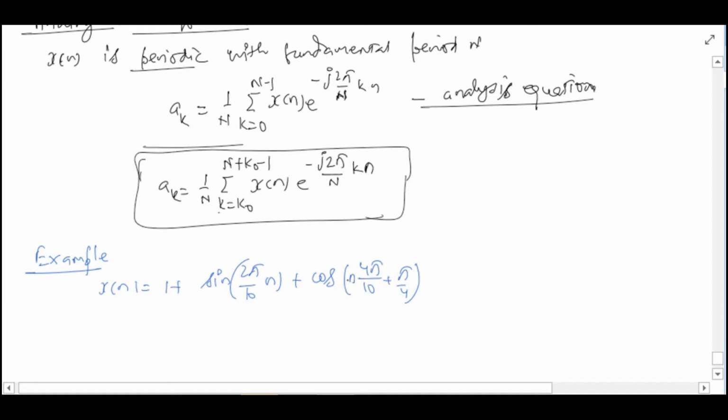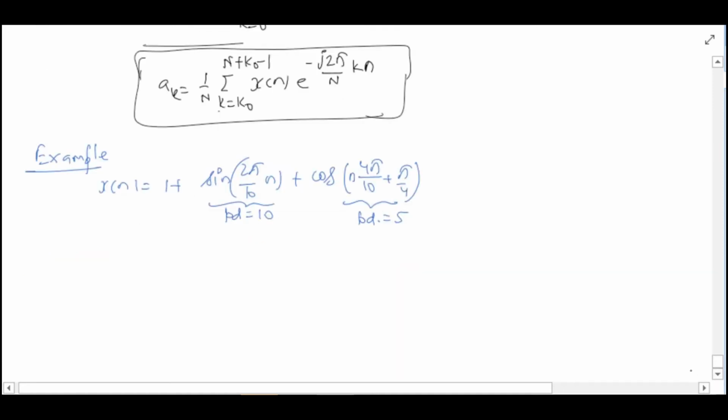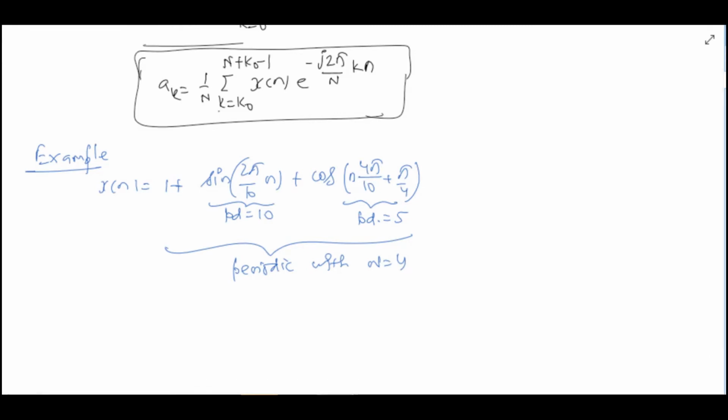Notice that the sine term is periodic with period 10, whereas the cosine term is periodic with period 5. So their summation will be periodic with period equal to the LCM of 10 and 5, that is 10. So this whole thing is periodic with capital N equals 10.